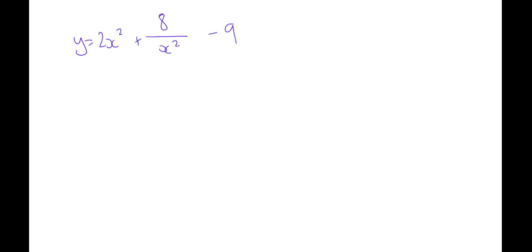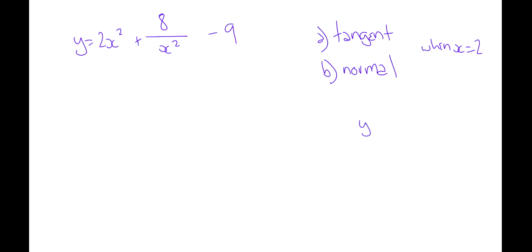I want to find the equation of the tangent, so let's make that A, and the equation of the normal, and I want to do that, for both of them, when x equals 2. To find an equation, I'm going to use this lovely little thing we just talked about. But first, what is y at this point? If I just say y equals 2 times 2 squared.